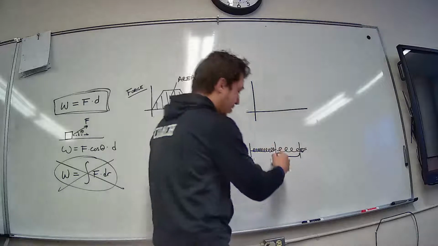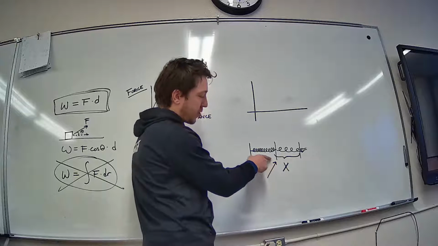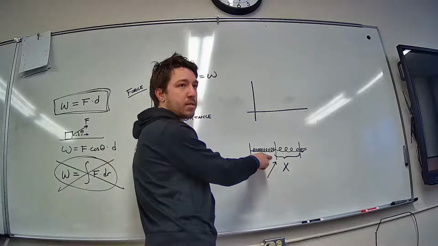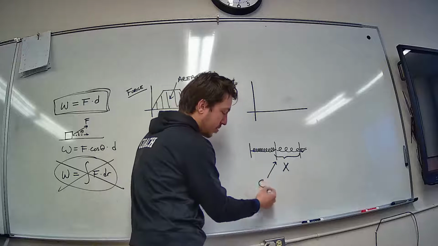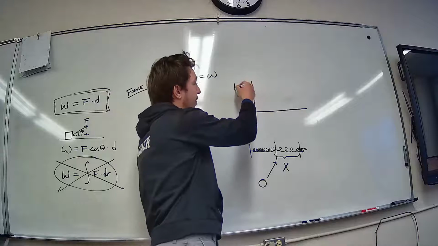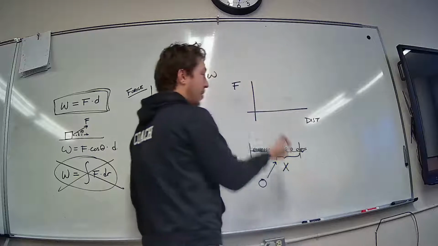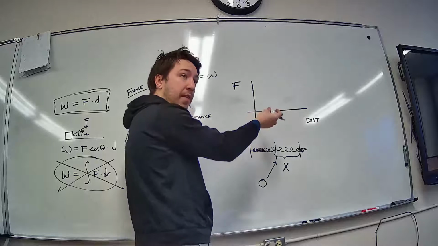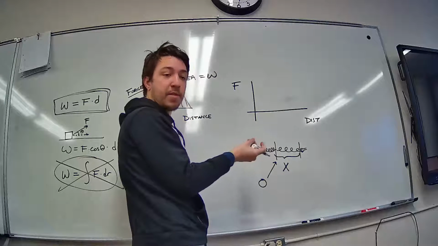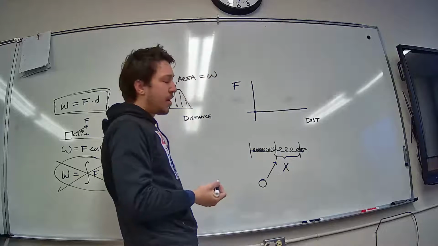So how much force was required at the very beginning? 0. Everyone okay with that? So if I'm going to graph force versus distance, then my initial force, when I just started pulling it, didn't require much force, right? So you start off with close to nothing, right?